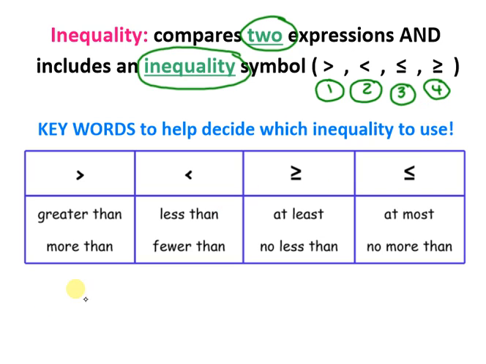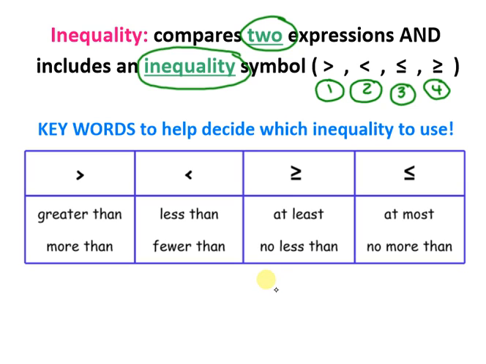Okay? And I want you to write these key words down underneath. And I hate to say it, but it is the truth. You will have to memorize these words. Okay? So, the first one, greater than or more than. These are words that you'll hear with this symbol. The second one, less than or fewer than. The third one, at least or no less than.